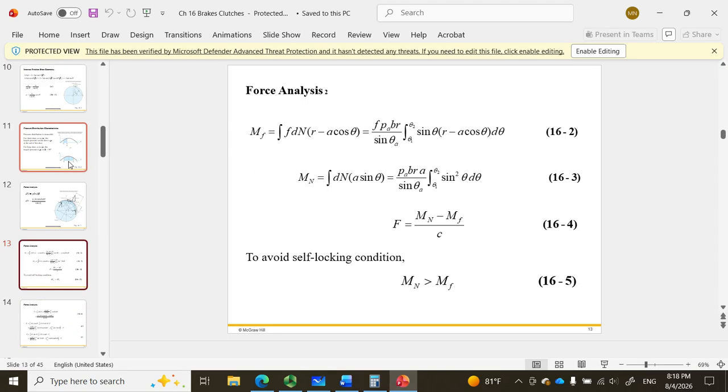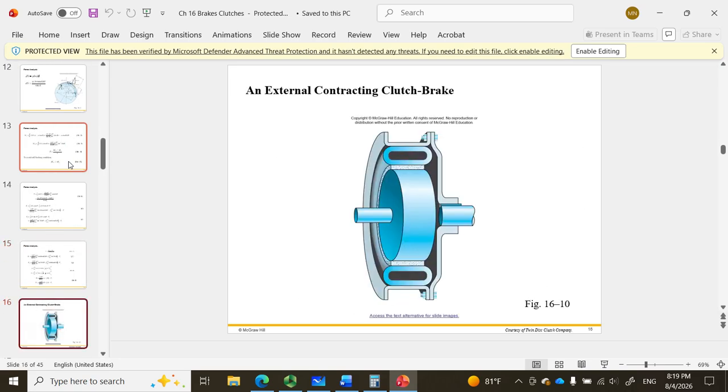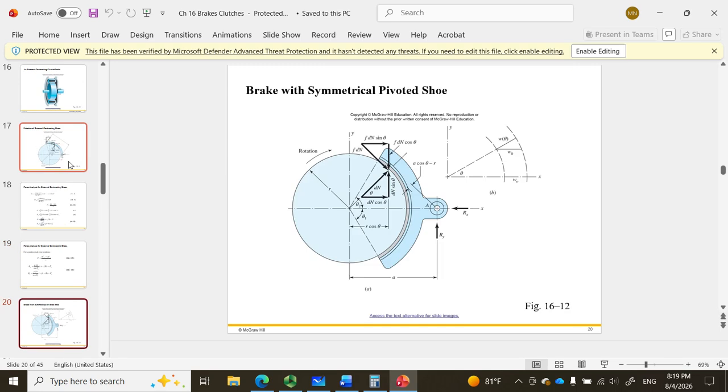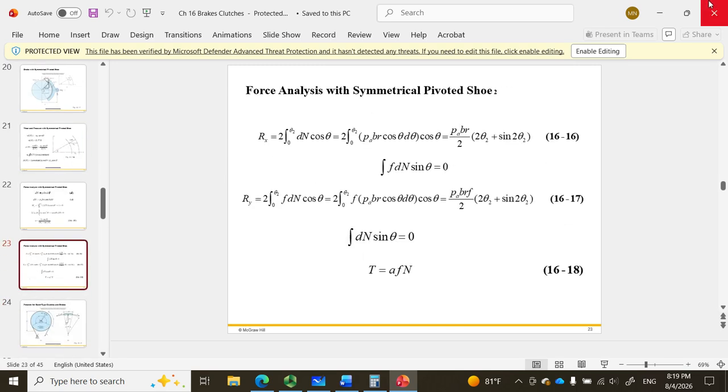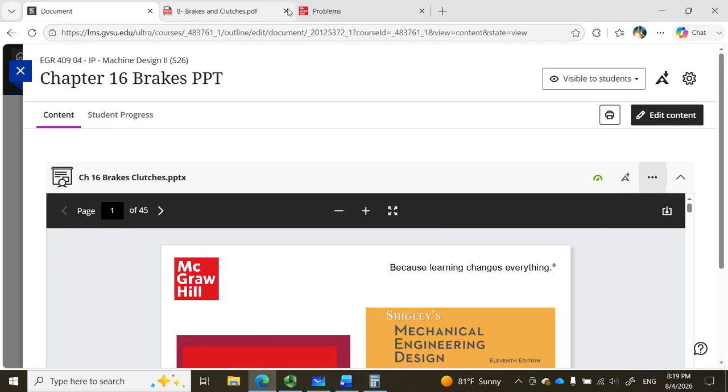You see, equation 16.6 is here, and for this type, the equations MF and MN that I used, 16.2, 16.3 are here, and the rest. So we can use these guys. Alright, I hope this was useful.